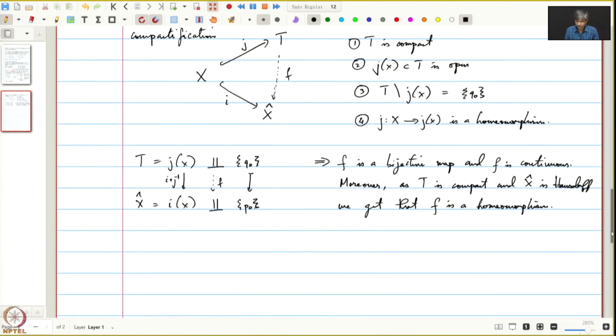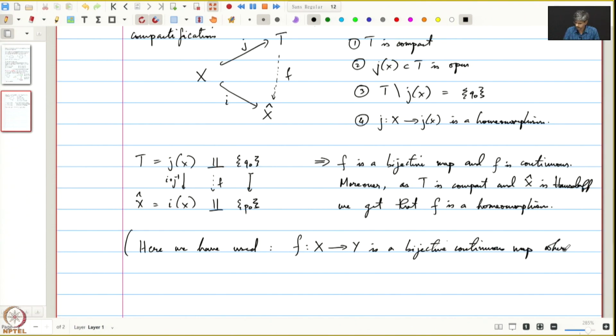So here we have used the following result: F from X to Y is a bijective continuous map, where X is compact and Y is Hausdorff. Then F is a homeomorphism.